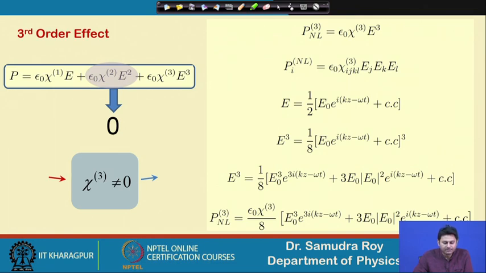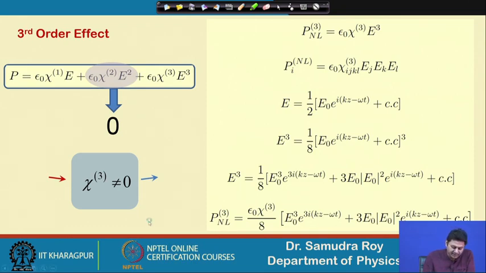The effect of χ^(2) we elaborately discussed in our previous classes. Now we will do the same thing for a material where χ^(2) is equal to 0, but χ^(3) is not equal to 0.